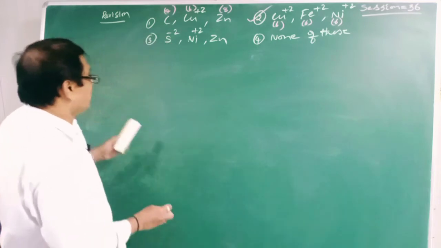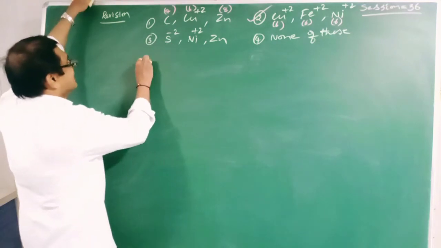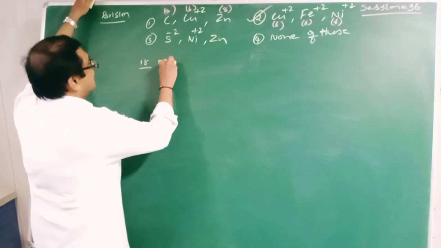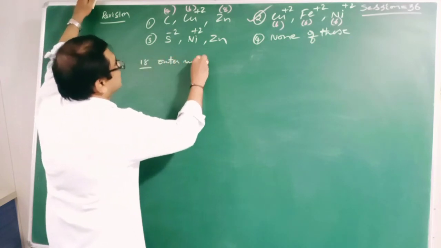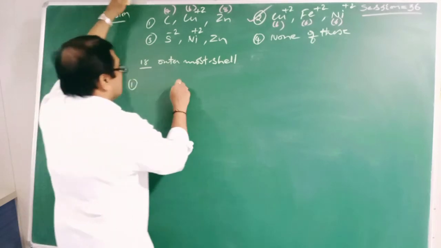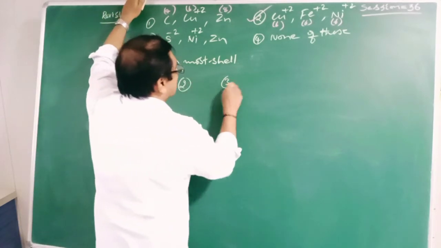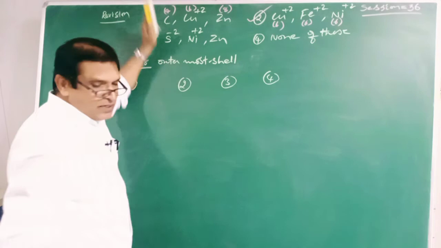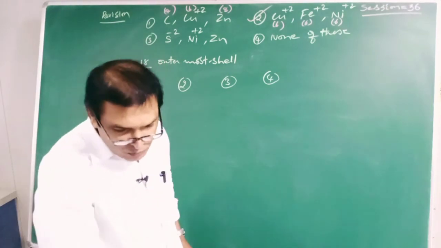Remember, the ion that has 18 electrons in the outermost shell. What are the options for this? First option, second option, third option and fourth option.